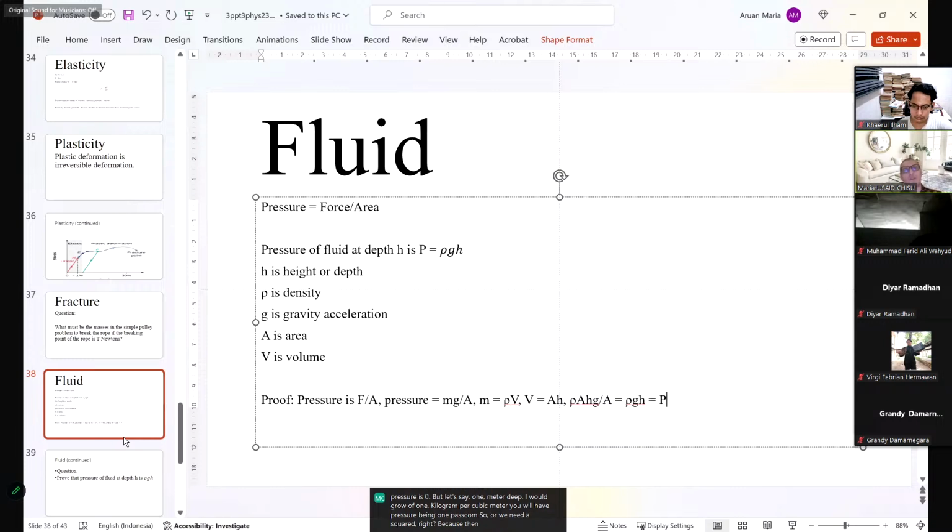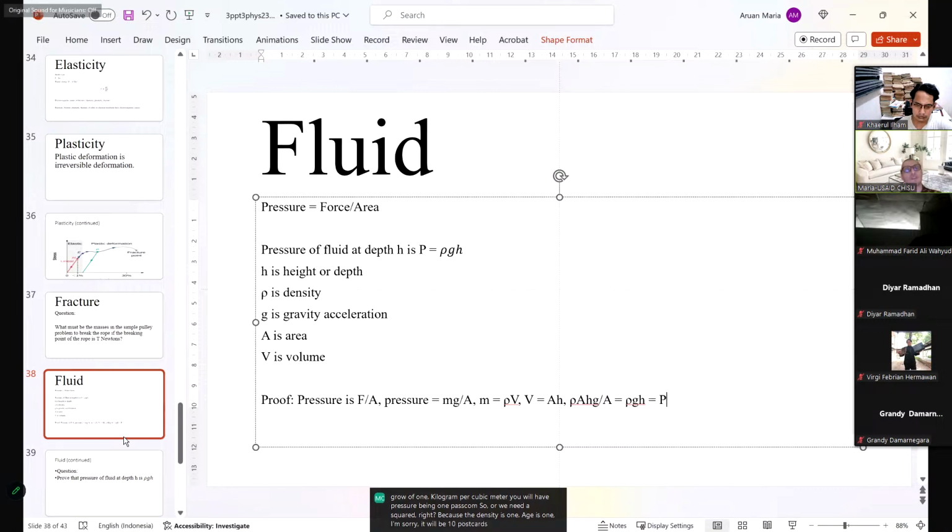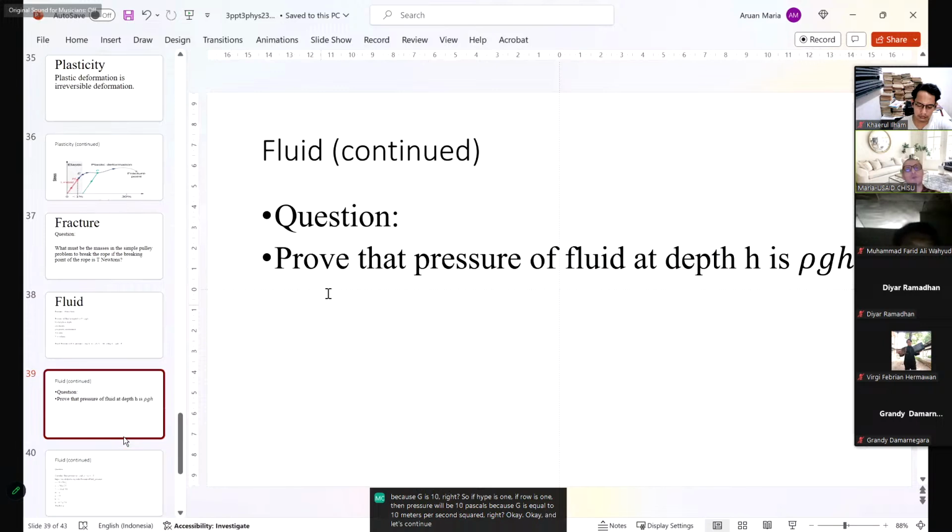Because the density is 1, h is 1, I'm sorry, it will be 10 pascals because g is 10 meters per second squared, right? Okay, so we proved that the pressure of the fluid is rho gh. I hope you can prove it if necessary.